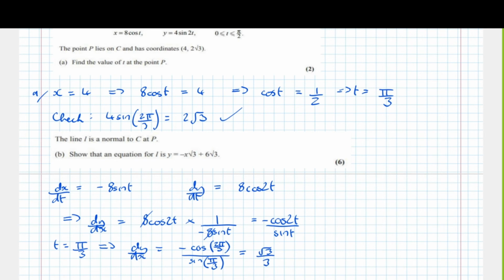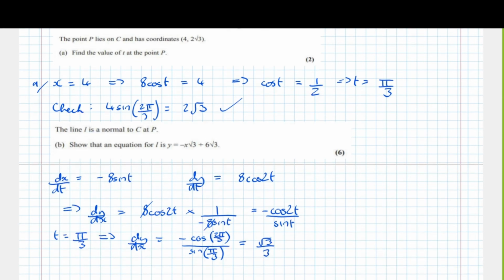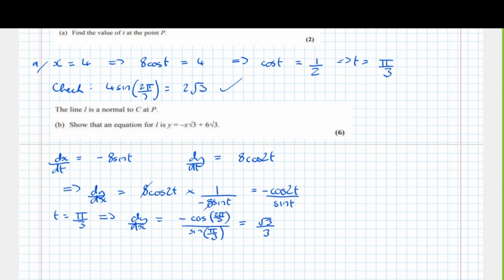We can see there's a root 3 in the answer, so we're looking to be along the right lines. We know the point P now, we know both coordinates, so we're ready to sub this into the magic equation.